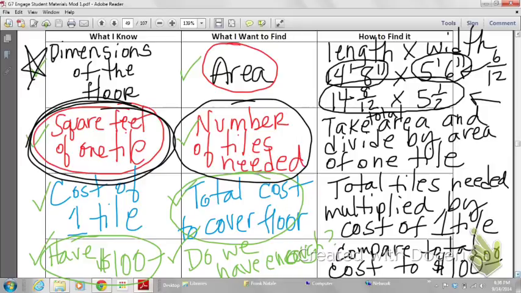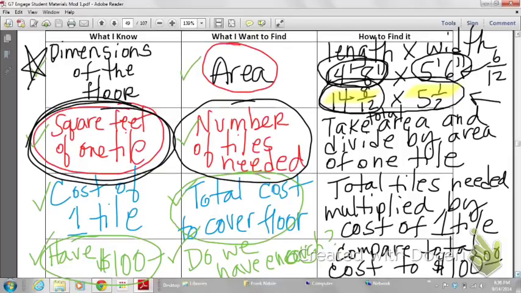Okay, and that's this part right here we're going to work with right now. So we already converted our feet and inches into fractional feet. So instead of 14 feet 8 inches, we have 14 and 8/12 feet. See how that is different? We've kind of taken the inches out of it and created a fractional portion of a foot.